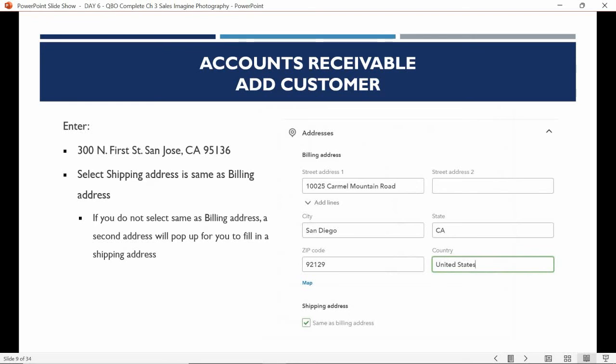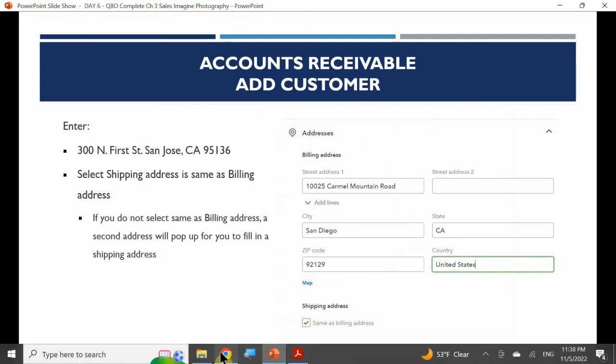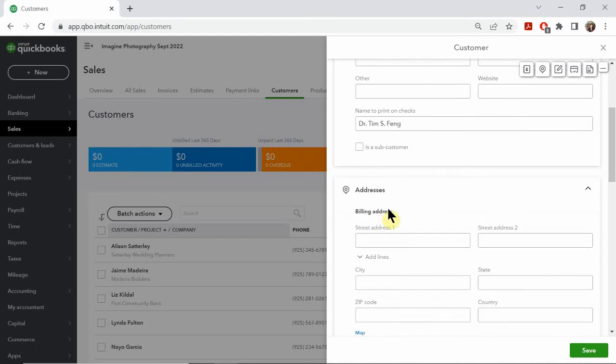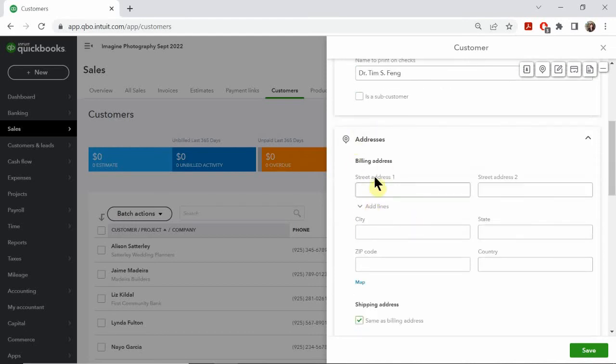In this case, Mr. Tim S. Feng lives at 300 North 1st Street in San Jose, California, 95136. So that's exactly what I'm going to put here. Shipping address is 300 North 1st Street.